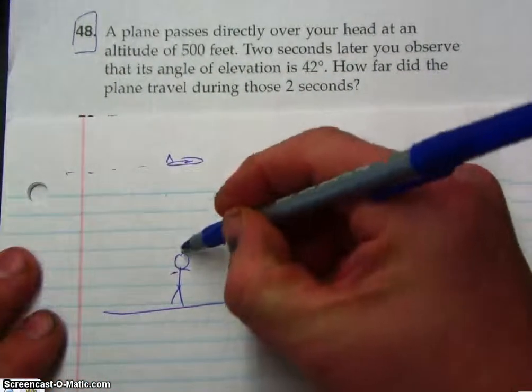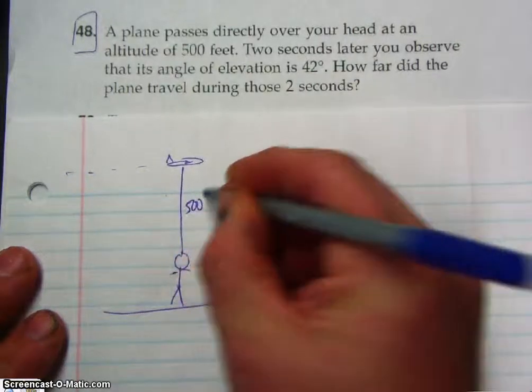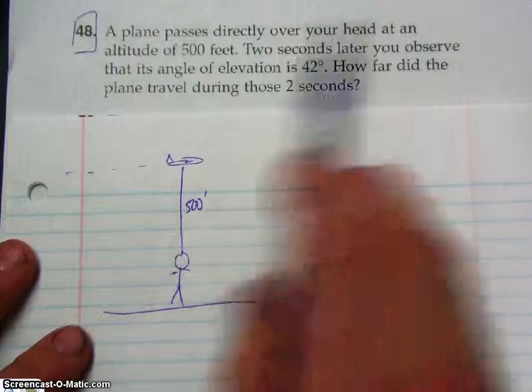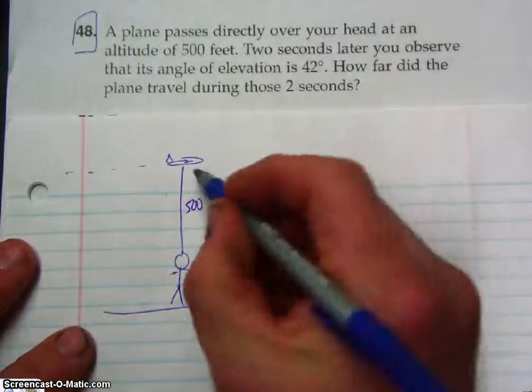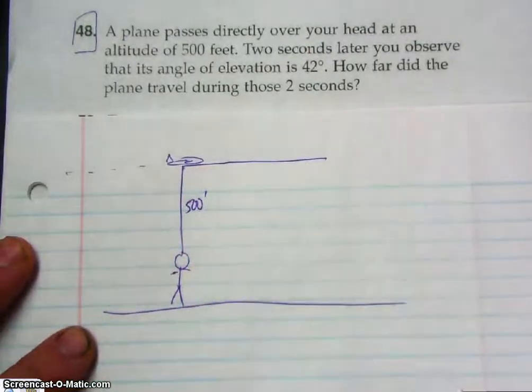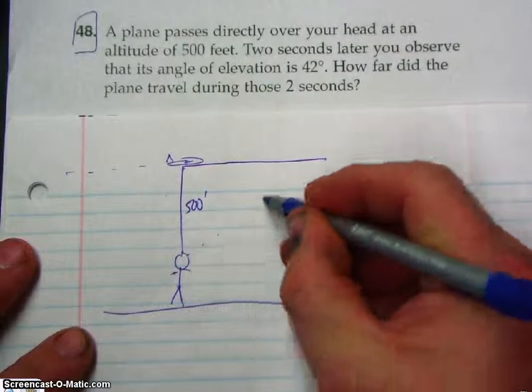So this right here is 500 feet. 2 seconds later, you observe that its angle of elevation is 42 degrees. So let's say it goes to here. It takes 2 seconds to get there.